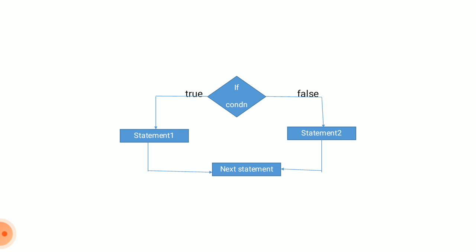In the other case, if the condition is false, then the control transfers to the else part, that is, it displays statement 2, and after that the control immediately transfers to the next statement. If it is true, statement 1 will display and stop. If it is false, statement 2 will be displayed and stop. This is the flow chart.